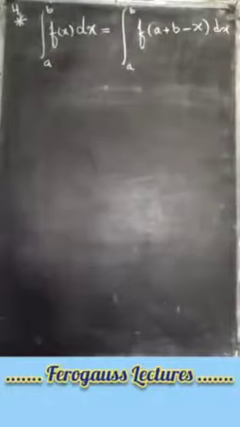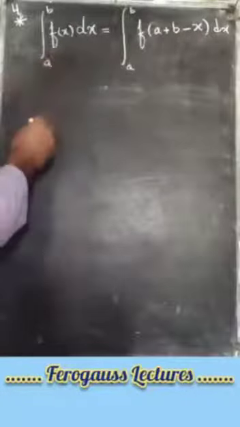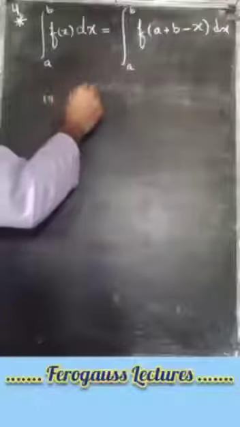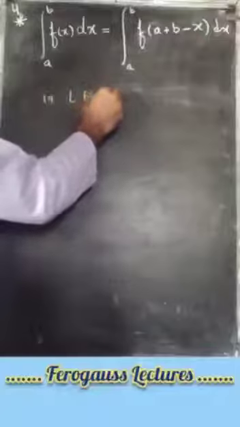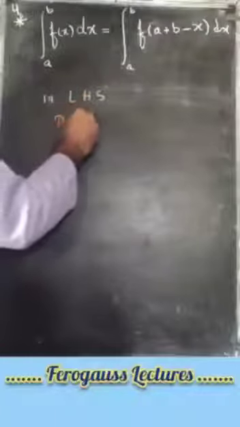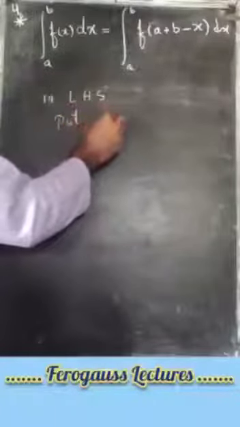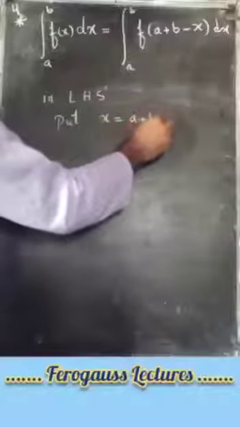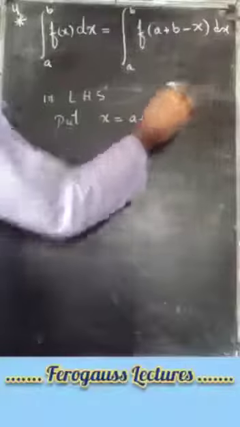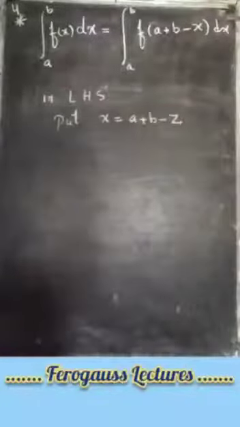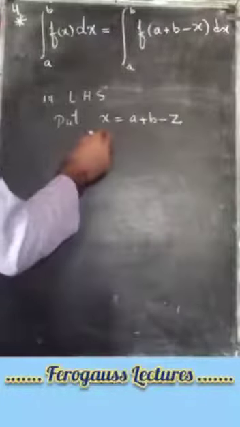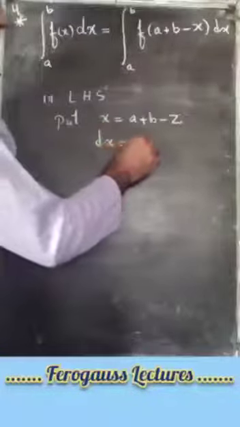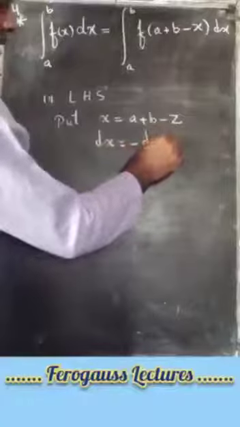For that, we take LHS, and in LHS we put x equal to a plus b minus z. Differentiating, we get dx is equal to minus dz, as a and b are constants.